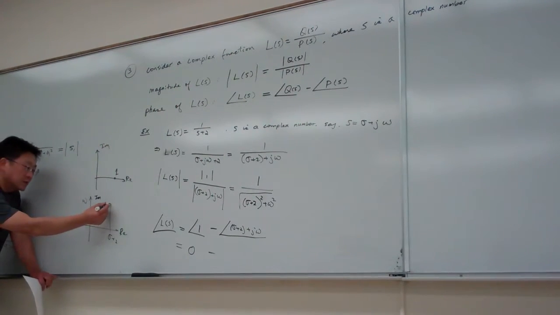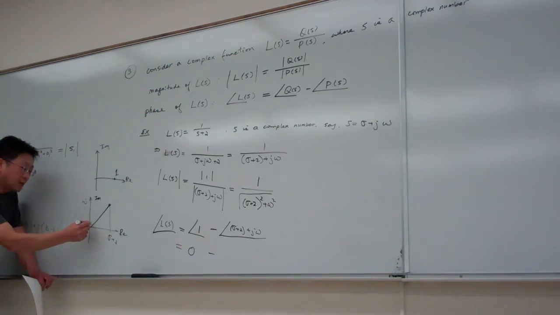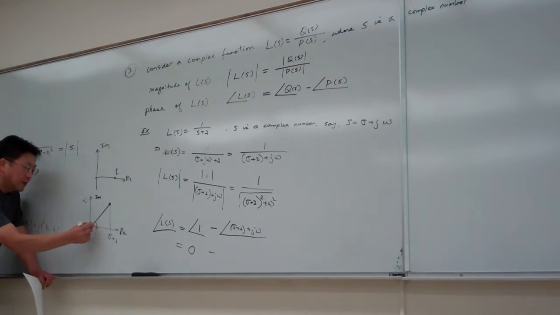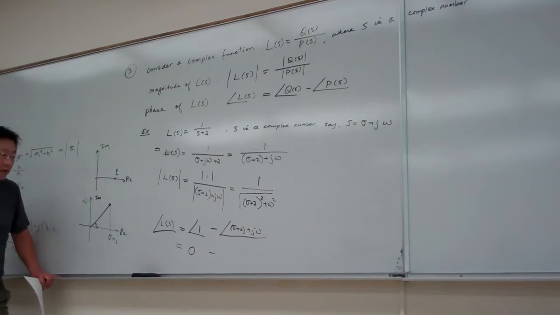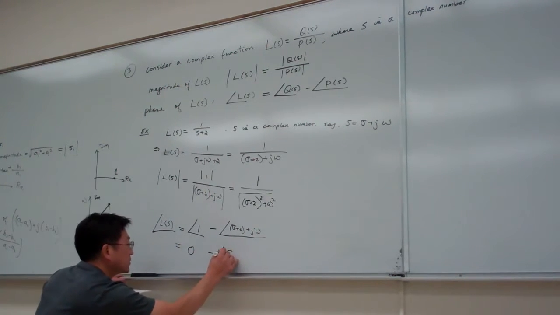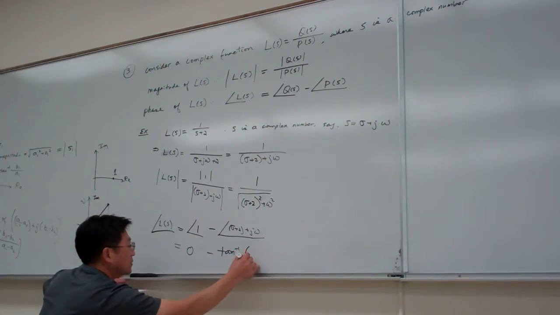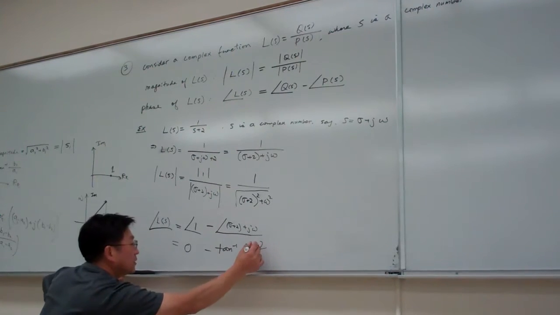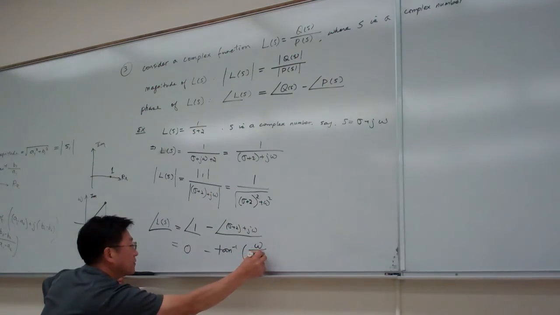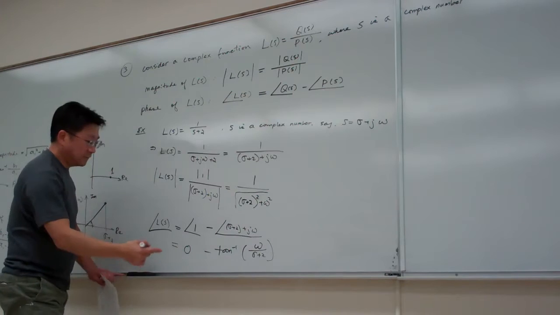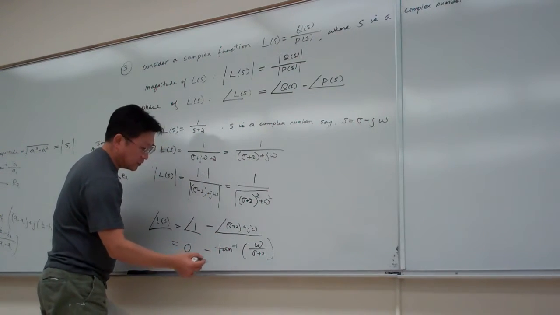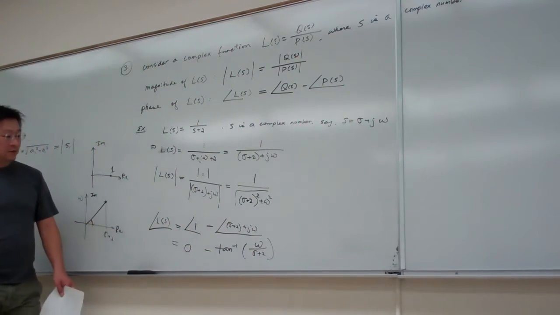So this is the magnitude, and this is the phase angle. The phase angle by definition is the arctangent of the imaginary part over the real part. So for this one, the phase angle is minus that one.